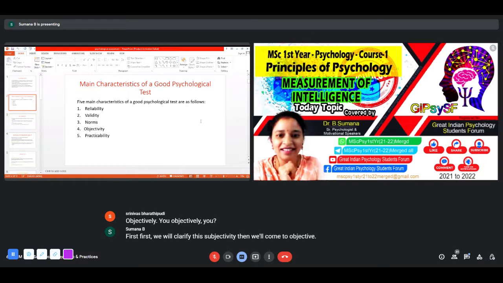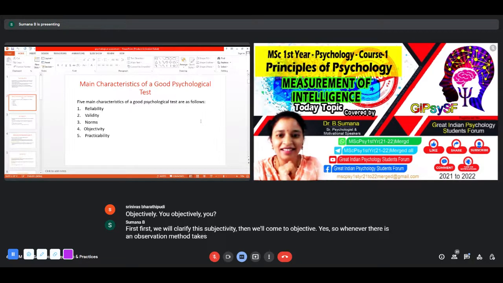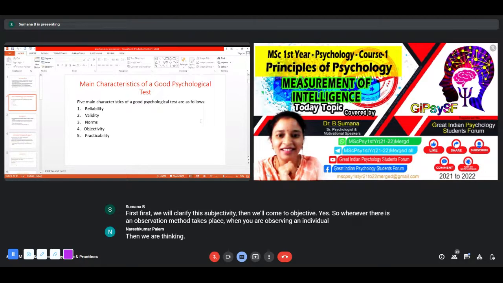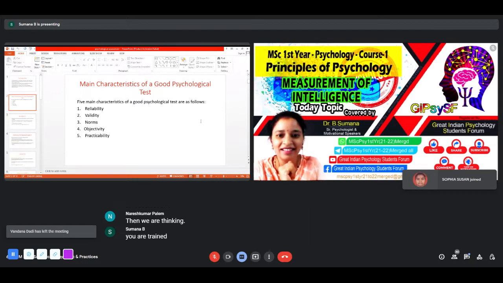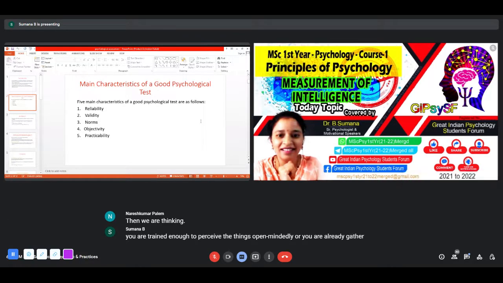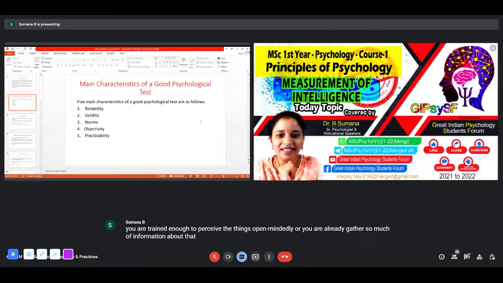Whenever the observation method takes place, when you are observing an individual, even though you are trained enough to perceive things open-mindedly, or you have already gathered so much information about that person, still there are some chances of perceptual errors.